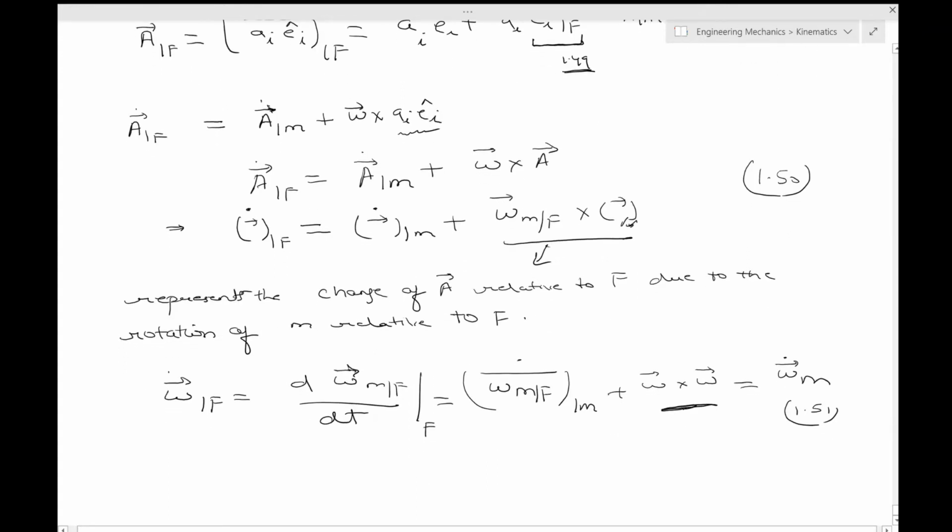The important part is that this particular vector's rate of change will be the same whether you observe it in the F frame or the M frame.